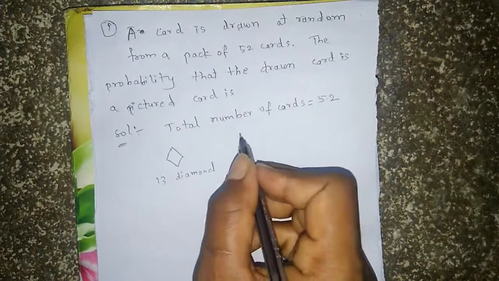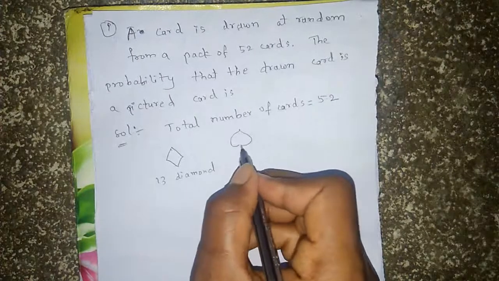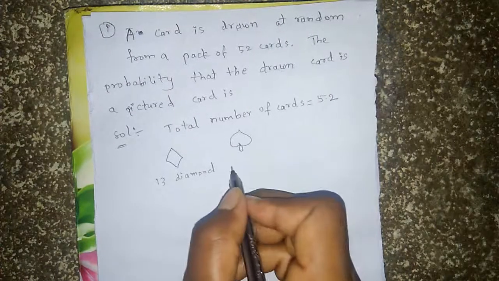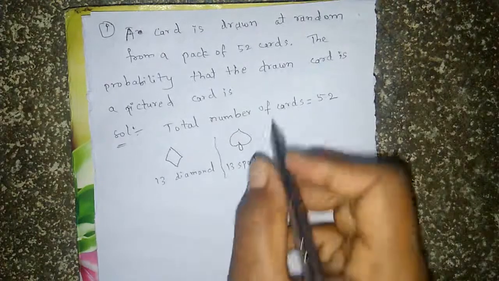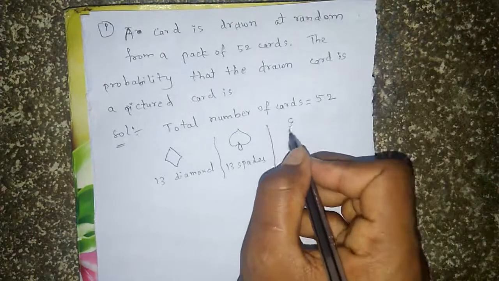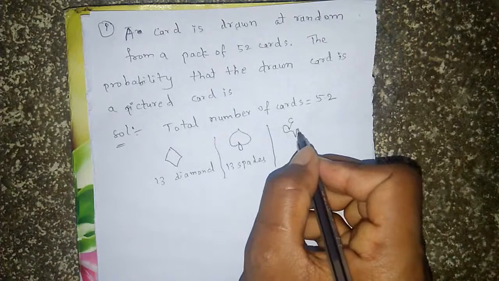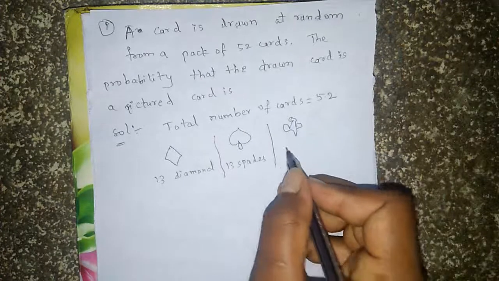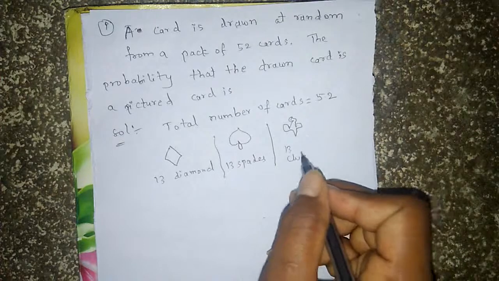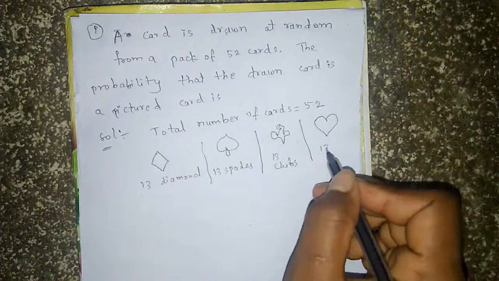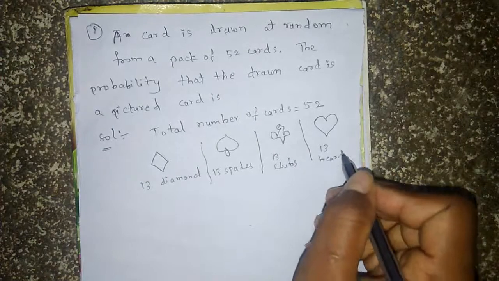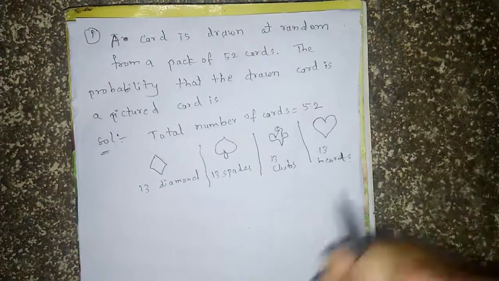diamonds, spades 13 spades, clubs 13 clubs, and 13 hearts. Total 52 cards.